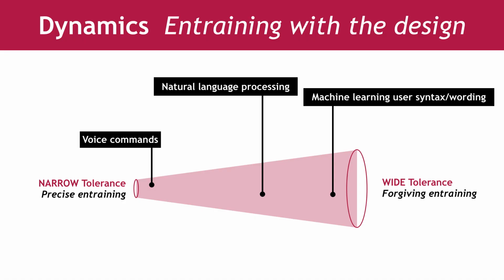But again, just like viscosity, tolerance for imprecision is not inherently good or inherently bad. It's a design dial to use for the situation. If we think about something like coding, computer programming, that is a very precise way of engaging with information to have a meaningful experience with programming a computer.